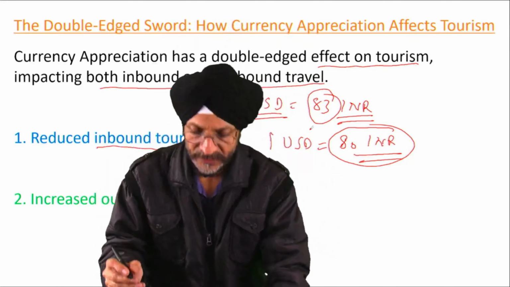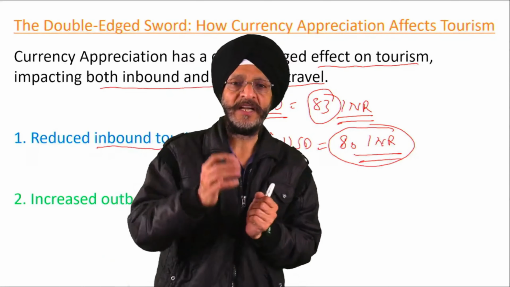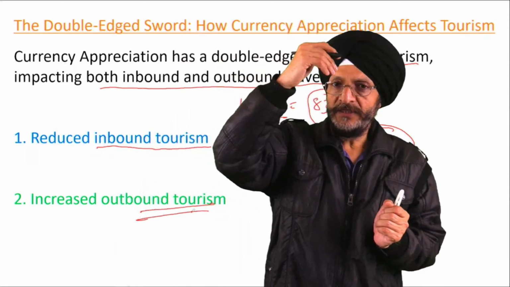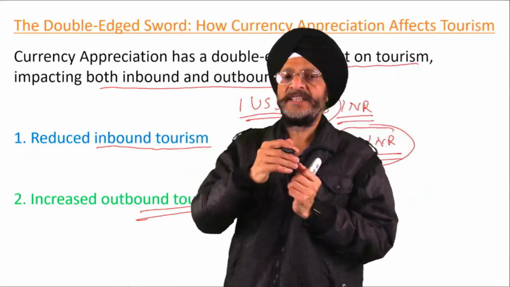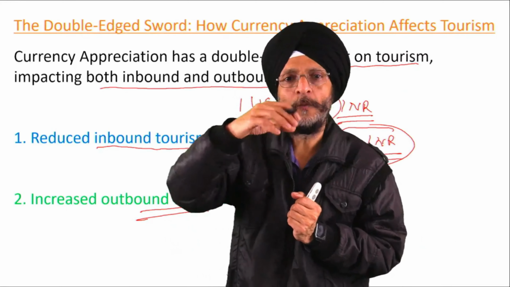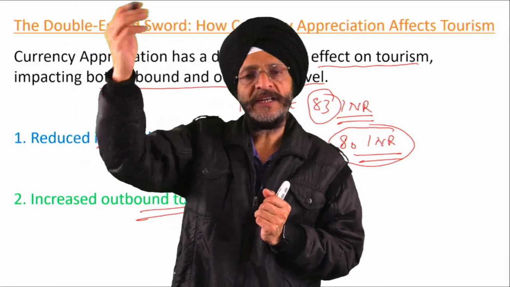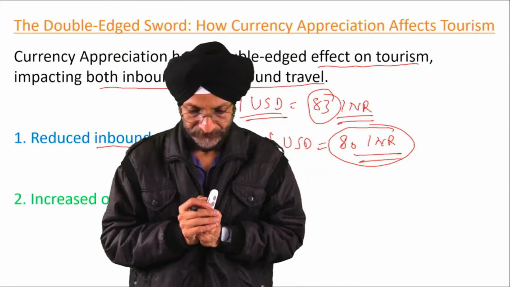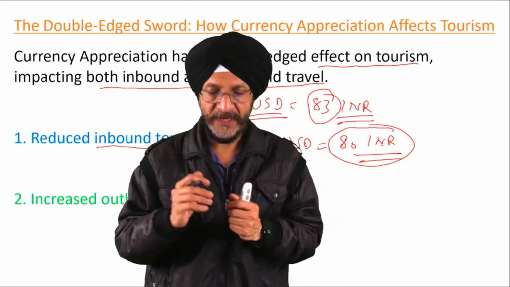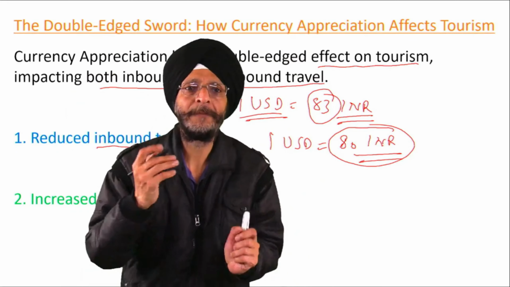Further, currency appreciation increases outbound tourism. That is, the residents of the appreciating country would like to make more international travels. In other words, it makes international travel more affordable. How does it happen?